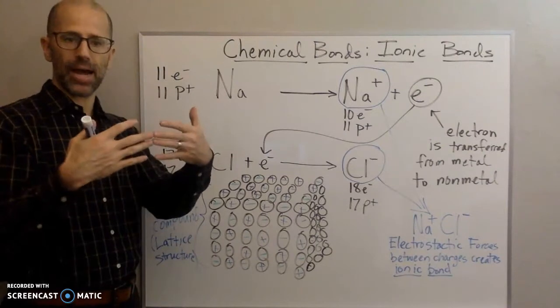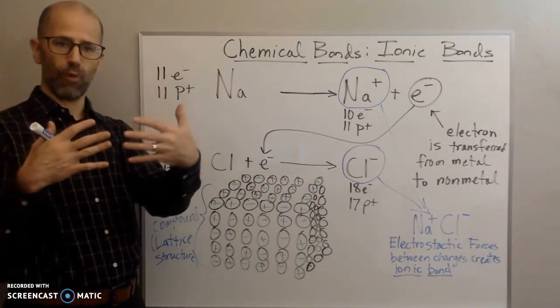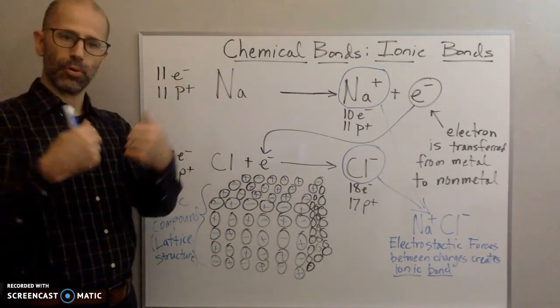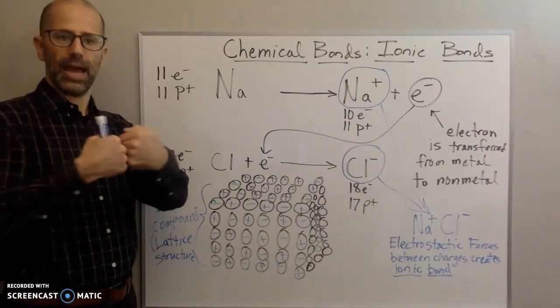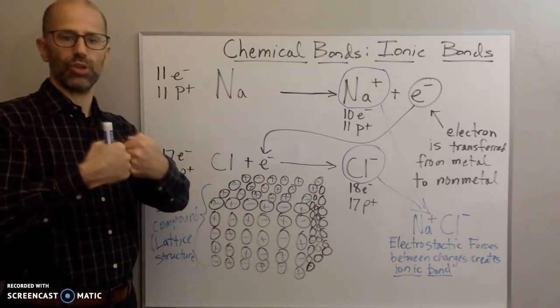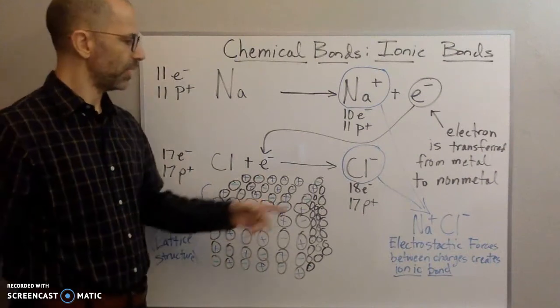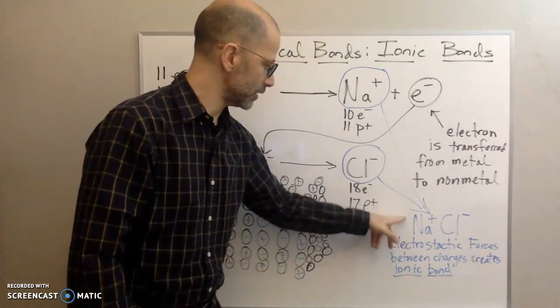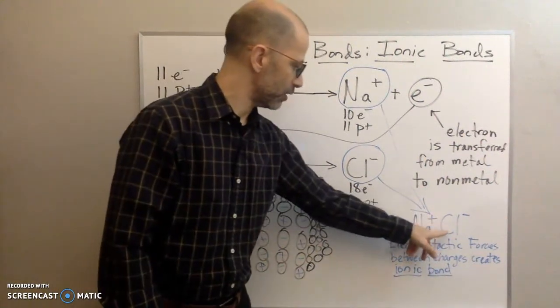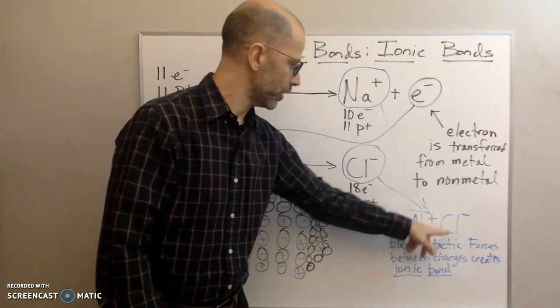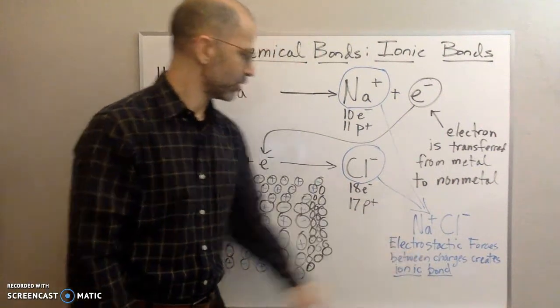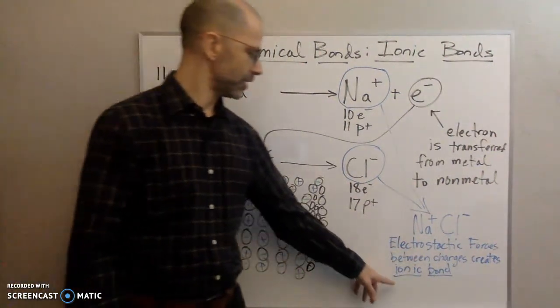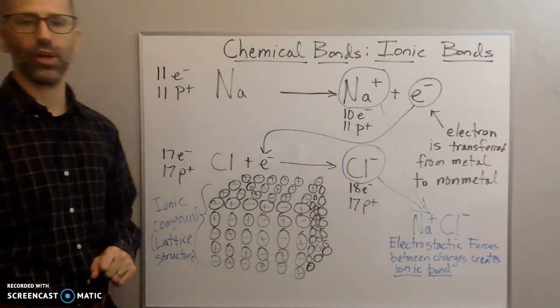The ionic bond is that electrostatic force that is bringing those ions together and they stay together. It's a really strong force. And so here, you now have your positive sodium with your negative chlorine. And so you have your electrostatic forces, and that is creating your ionic bond.